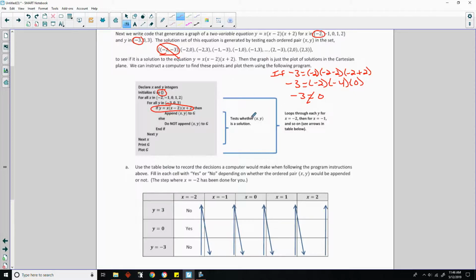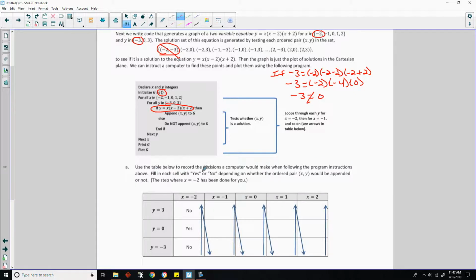So test whether x, y is a solution. So that was not a solution. Loop through each y for x equals -2, then for x equals -1, and so on. See arrows in the table below. So that's what this is doing. I just did the first one. So A says, use the table below to record the decisions a computer would make when following the program instructions above.